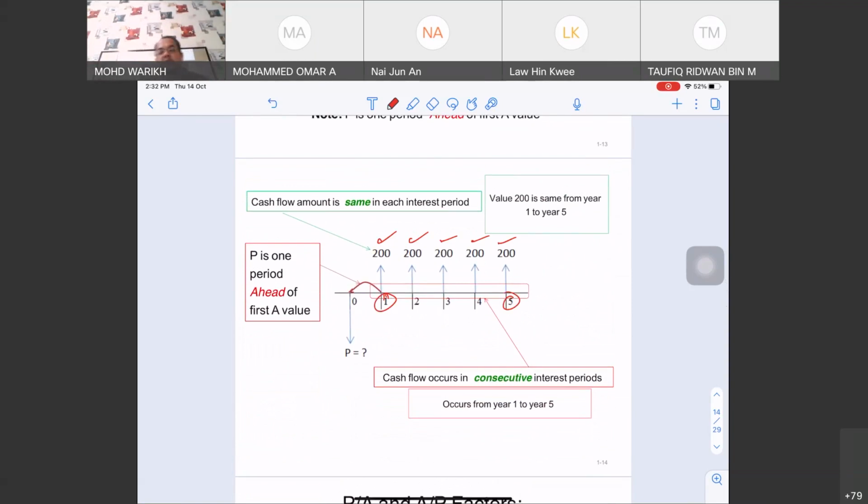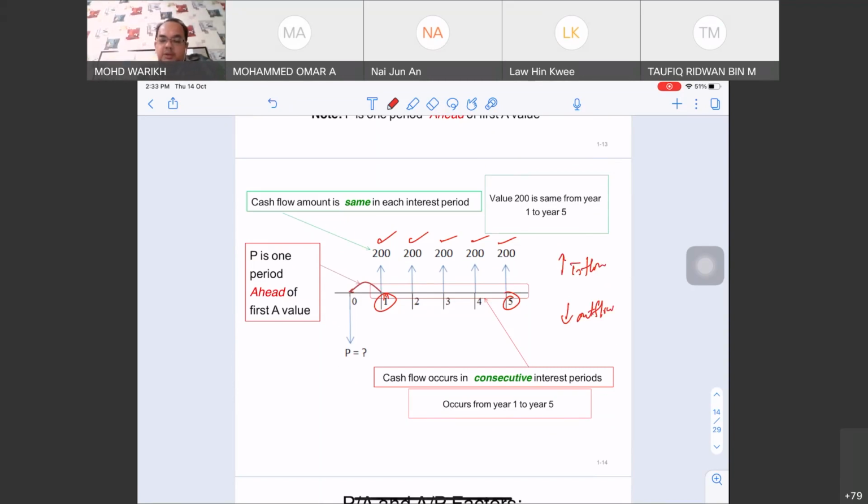Remember that if the arrow is up, it is a deposit, you get the money. And if the arrow is down, it is a disbursement, that means the money is outflow. This is inflow. Remember that, don't make a mistake.